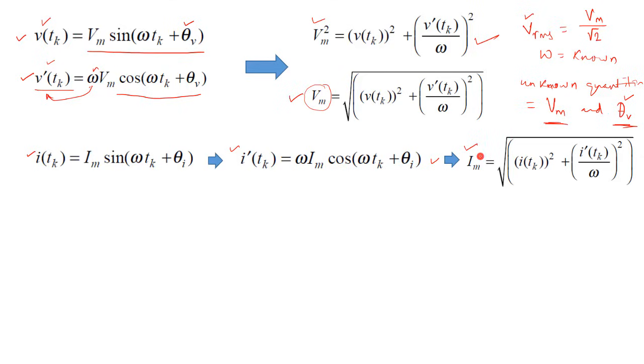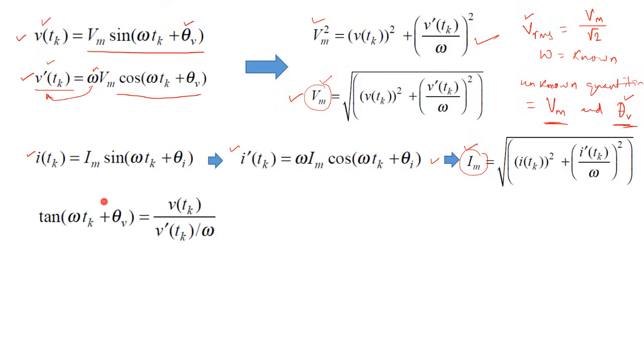The expression for Im will be the square root of I tk squared plus (I dash tk by omega) squared. So for both current and voltage, we got the expression for the maximum value, that is, the amplitude of the current and voltage signal, right?